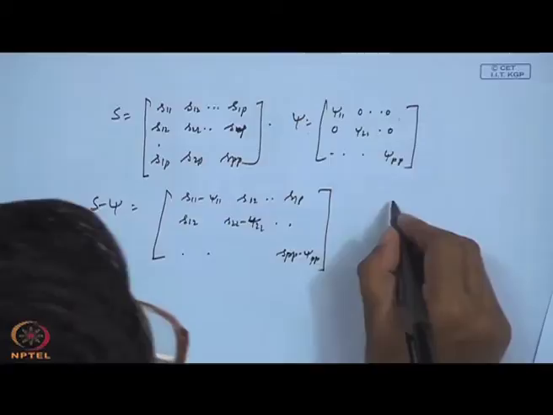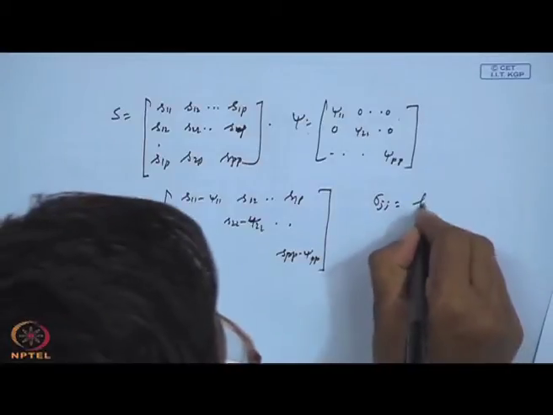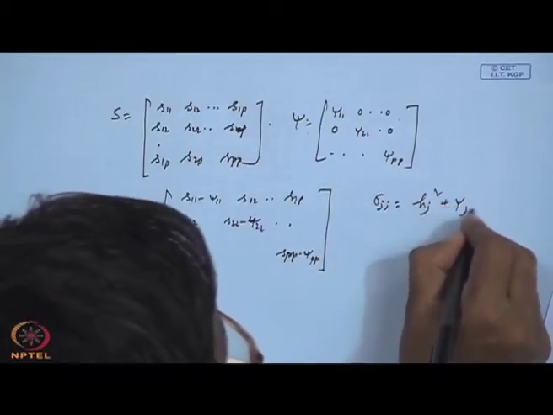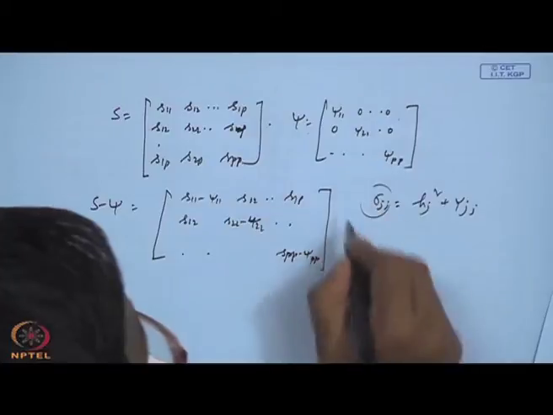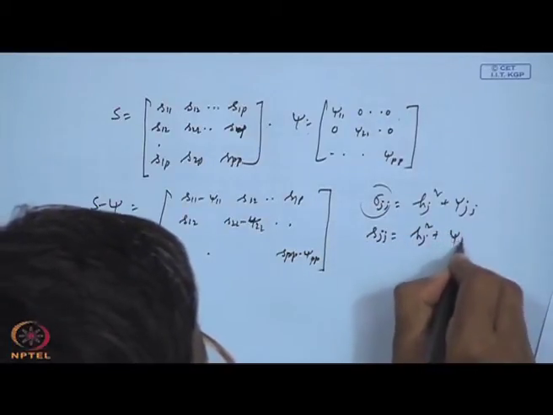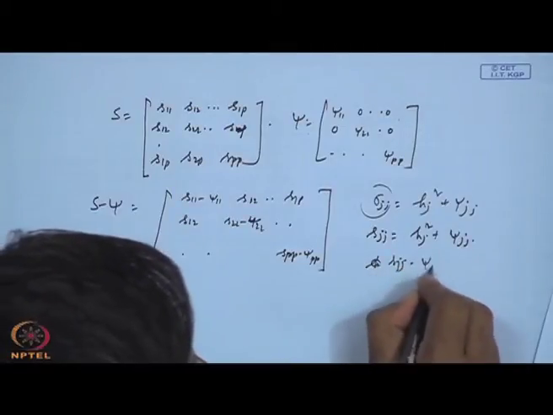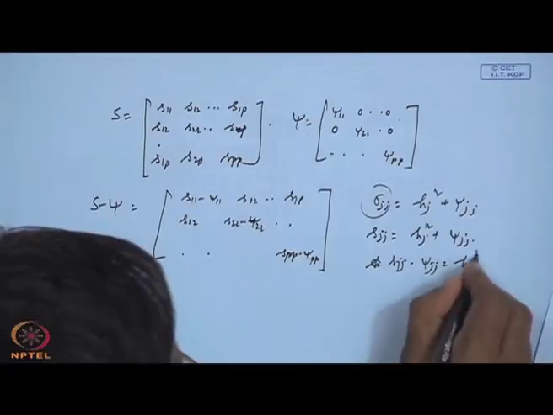Okay, now using this, what is happening here is that we are writing sigma jj equal to hj square plus psi jj. Now if we take the estimate, that means sjj equal to hj square plus psi jj, then sjj minus psi jj equal to hj square.